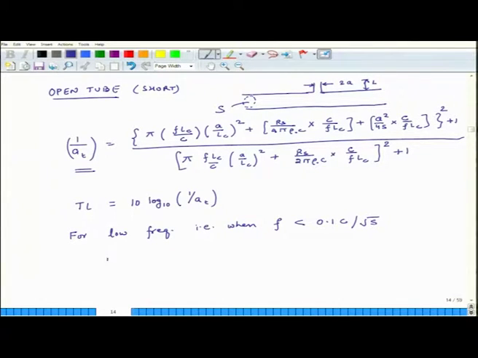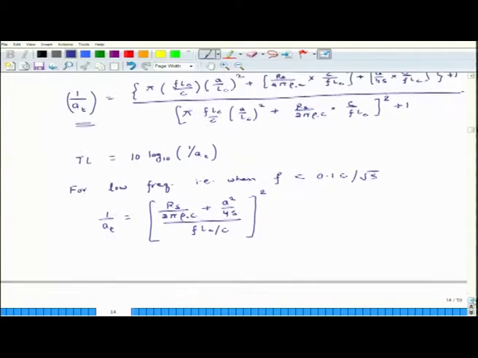In that case 1 over AT equals R_S divided by 2 pi rho naught C plus A square by 4S, divided by F L_C by C, and this entire thing is squared.